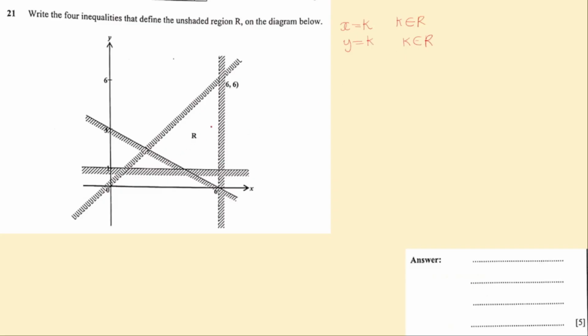So we begin by looking at this vertical line. All the points that will be on this vertical line will have an x-coordinate which is equal to 6.